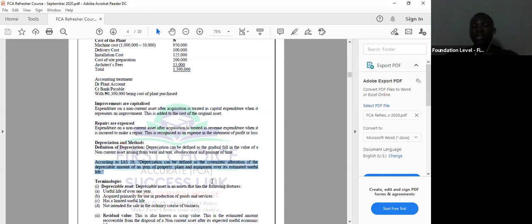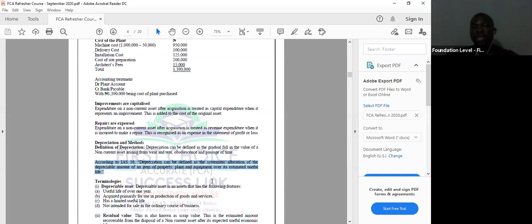What are we allocating? We are allocating the depreciable amount of an item. It means that PPE actually depreciates. So the amount of the PPE that can be depreciated is what we are allocating systematically, over the estimated useful life. In 5 years, then the amount will be what?